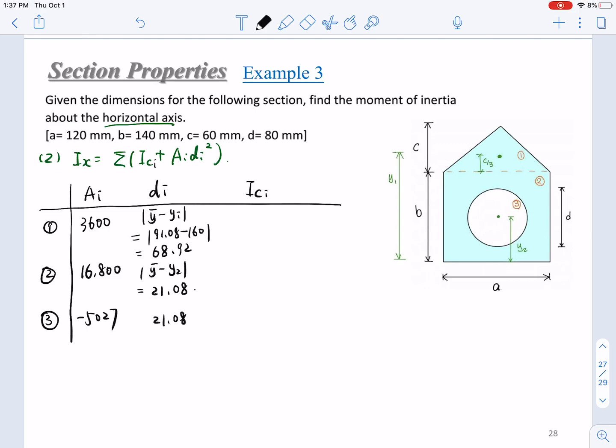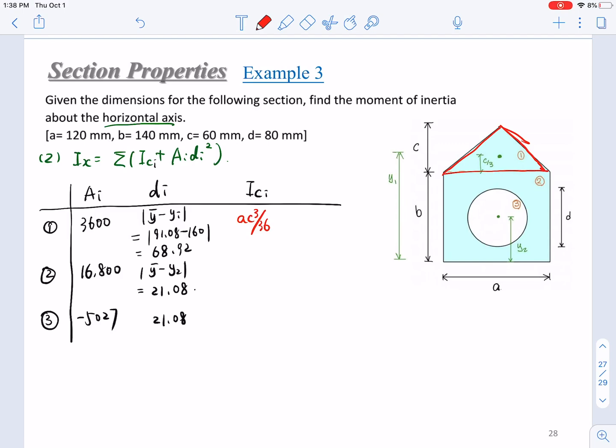And Ici. What is Ic1? Area 1. That is a triangle. Okay. For the triangle, from our table, you can find how to calculate its I value. Okay, this will be AC cube over 36.